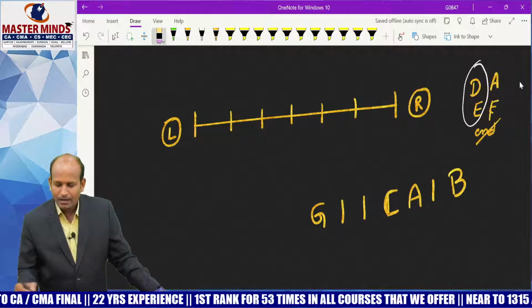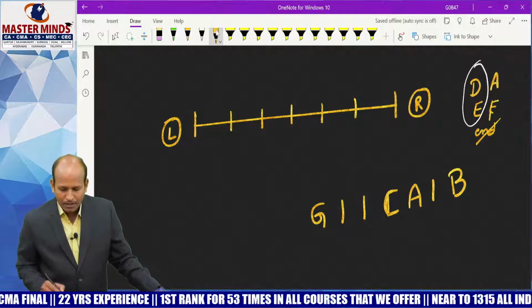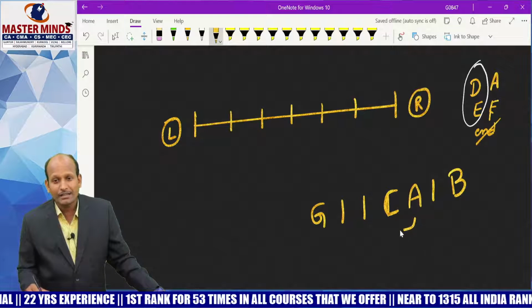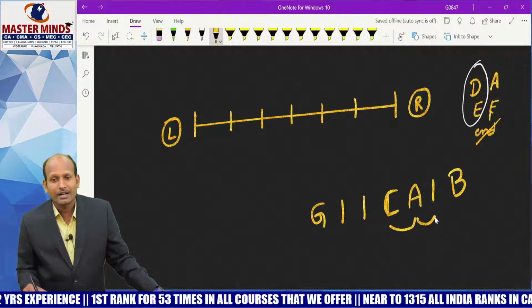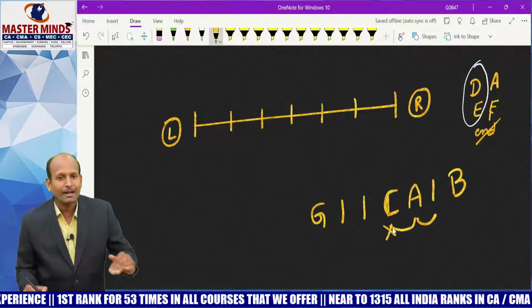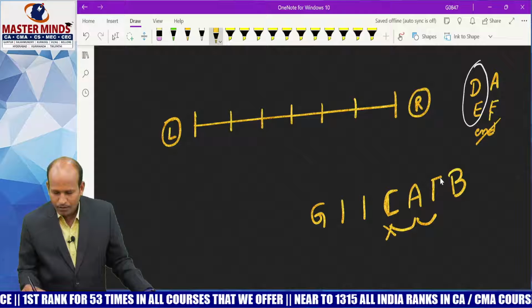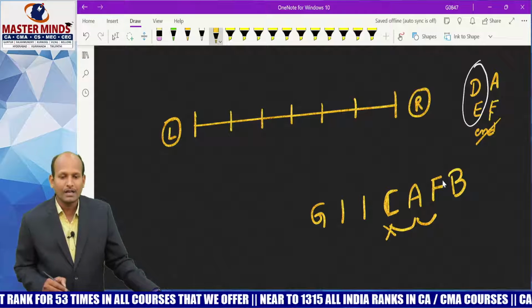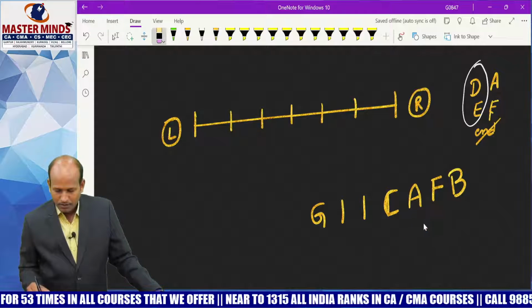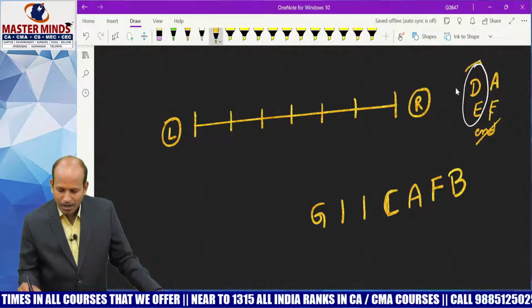Now A's neighbor is F. A's neighbor means F is either on the left side of A or the right side. But the left side is not possible for F. Then you can make F to the right side of A. Then D and E are neighbors.